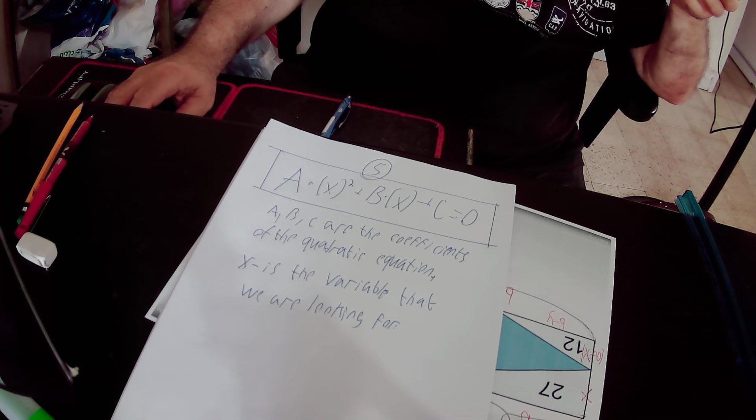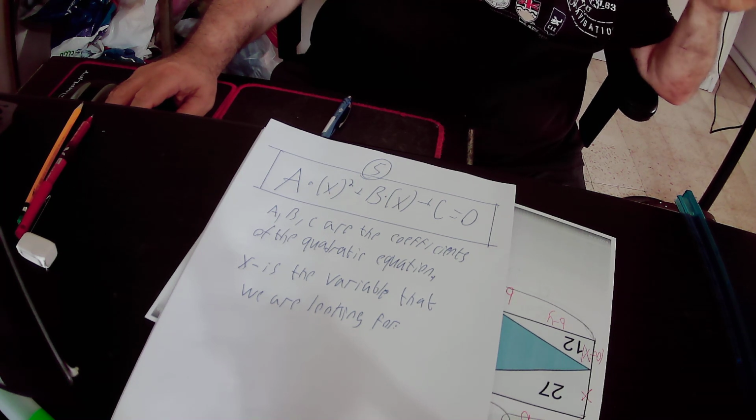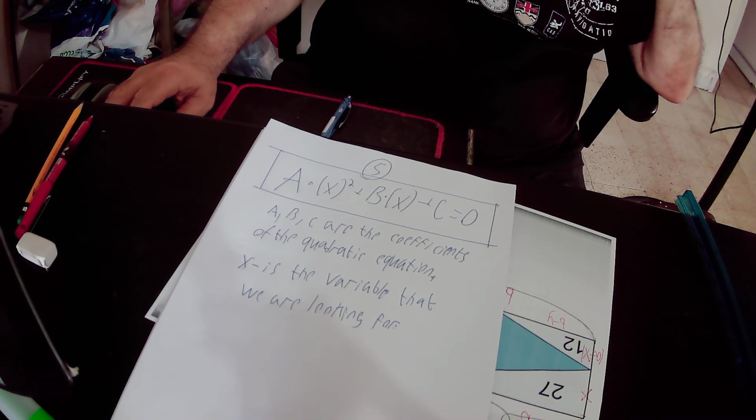X might have more than one value. X can also have two different values. And the values of x, as I've already said, are the roots of the quadratic equation.